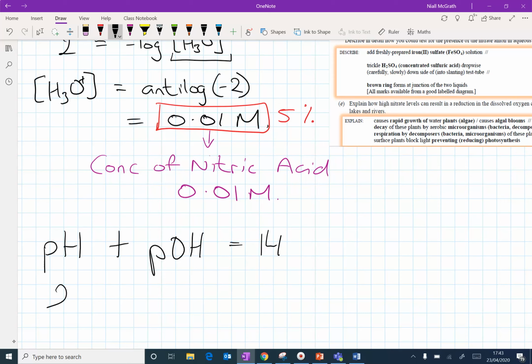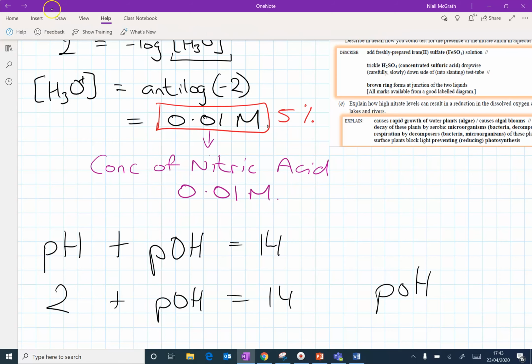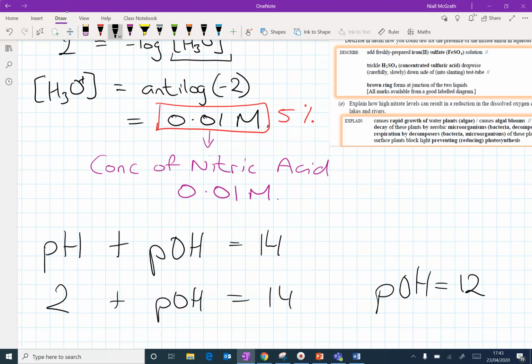We know that pH is 2, so our pOH, of course, is going to be equal to 12.